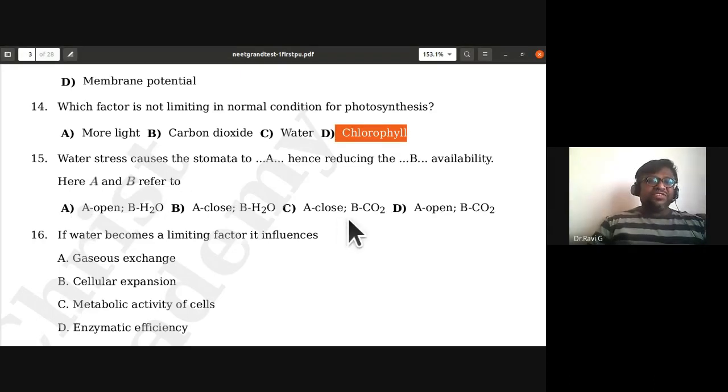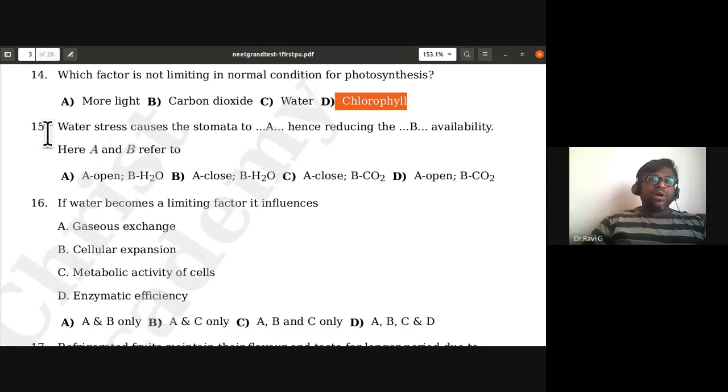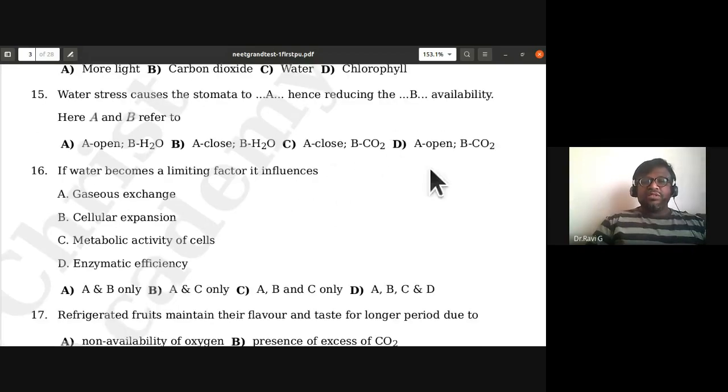Okay. Next, the 15th one. Water stress causes the stomata to A, hence reducing the B availability. So what are A and B referred to? The choices are: A is open, B is water; A is closed, B is water; C, A is closed, B is carbon dioxide; D, A is open, B is carbon dioxide.